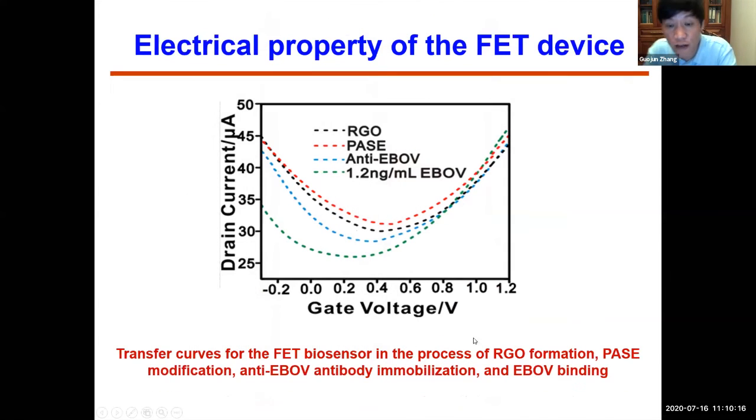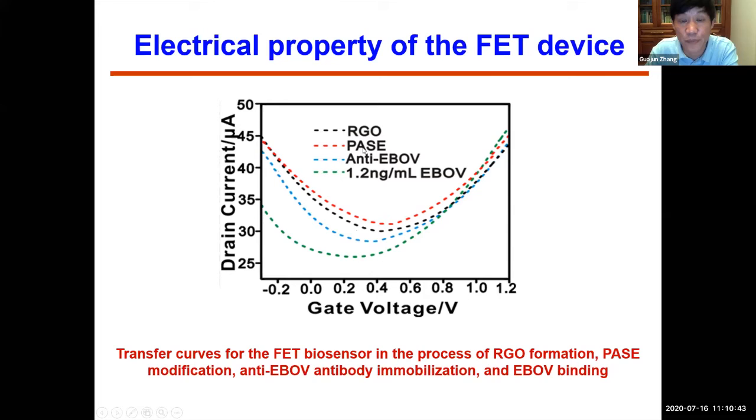To verify the stepwise functionalization process, we use electrical characterization of this FET device. This is the ambipolar curve, as I showed previously, and this black curve represents RGO.